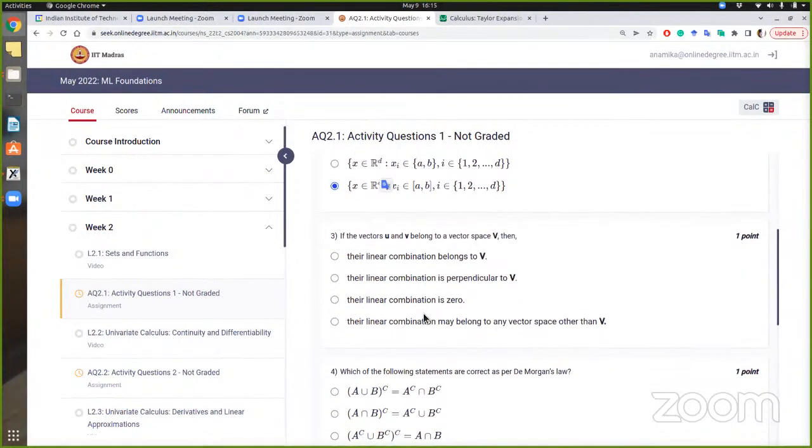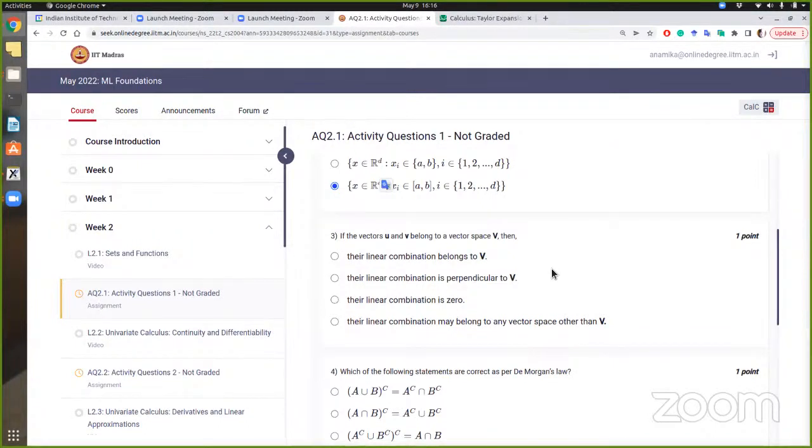Third question. If the vectors U and V belong to a vector space V, so I hope you studied vector spaces in Maths 2 course extensively. So we are just having a very brief overview here. When two vectors U and V belong to a vector space, then what happens? Any linear combination is also in the vector space. Yeah, their linear combination also belongs to the same vector space.